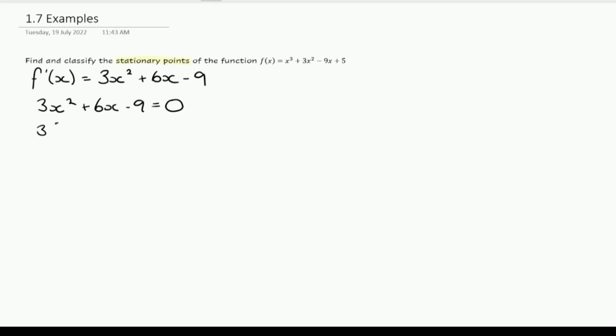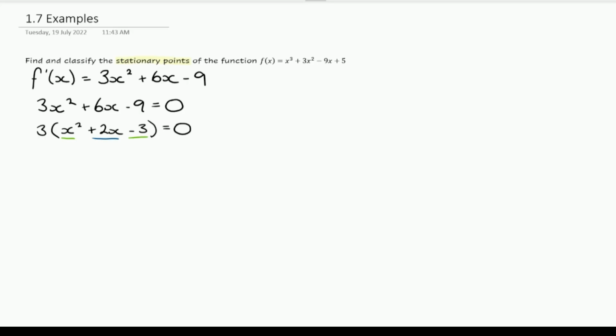So I've got 3, and inside my brackets I've got x squared plus 2x take 3 is equal to 0. And now I've got to find two numbers that if I multiply them together, give me negative 3, and if I add them together, give me 2.